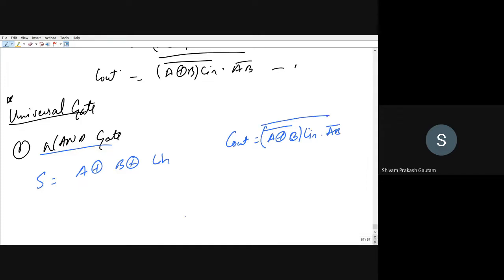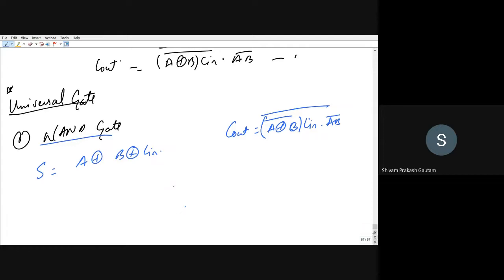So this is C in. Okay, so what I can do, we know that A XOR B, from the half adder, is equal to A, AB bar whole bar dot B, AB bar whole bar, whole bar. This is A XOR B, right?